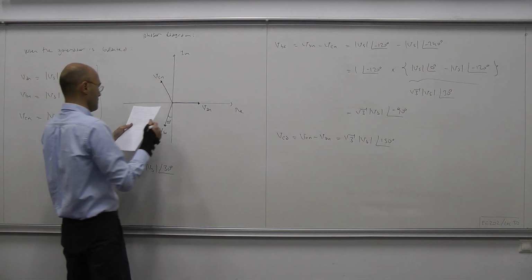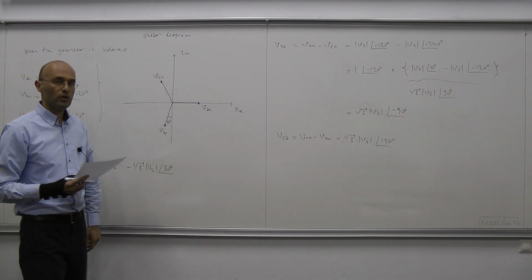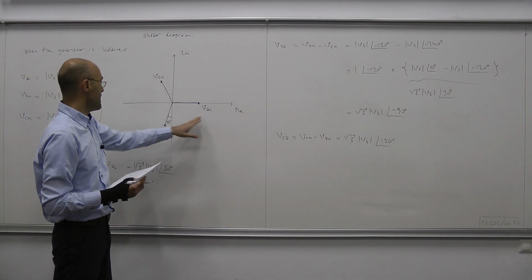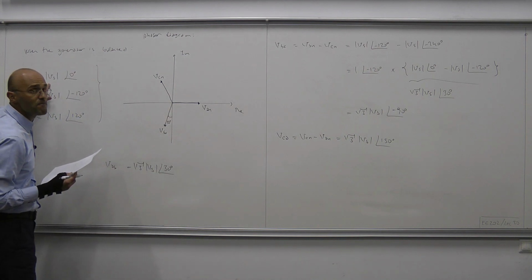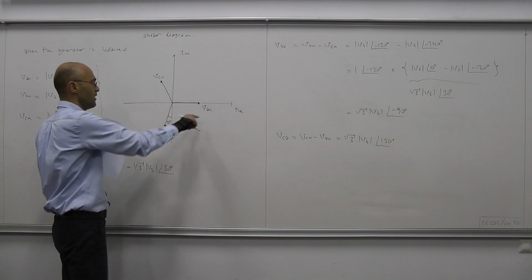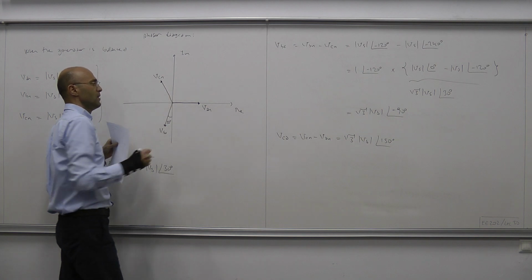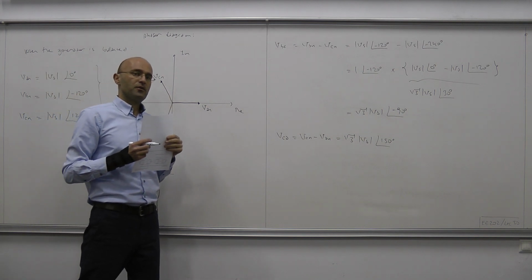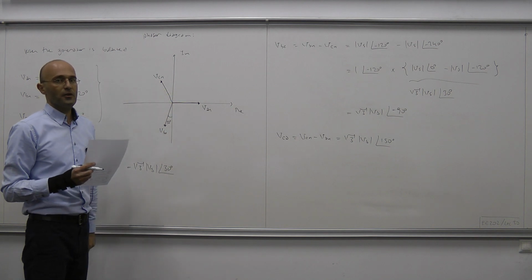So this is also 30 degrees here. That's our phase voltage triple. VAN, VBN, VCN all have the same magnitude, which we denote by Vs here. And the separation is, from VAN to VBN, 120 degrees, and then from VBN to VCN, you go another 120 degrees clockwise. Therefore, this angle here is also 120 degrees.